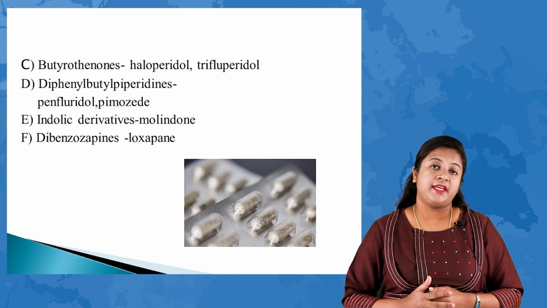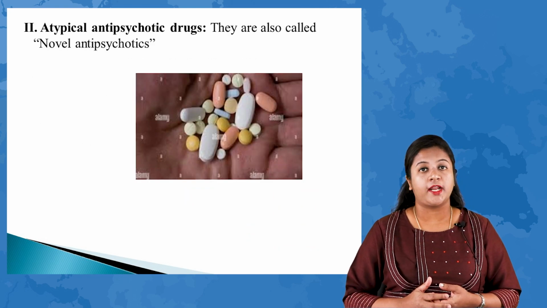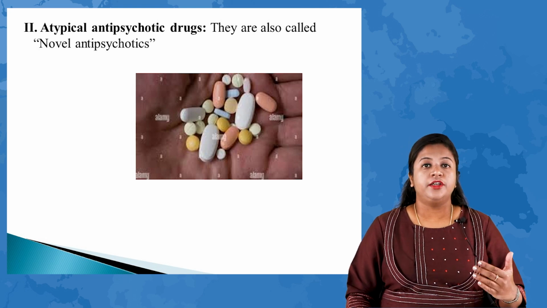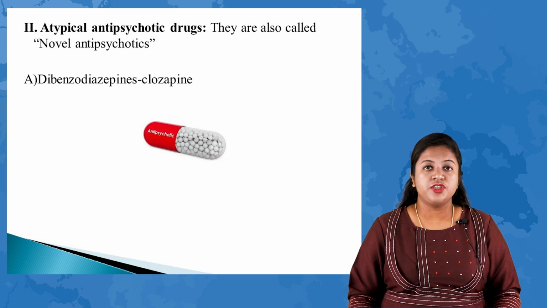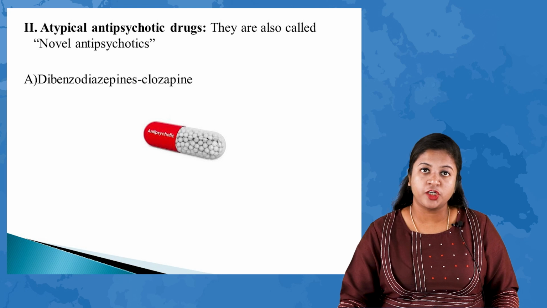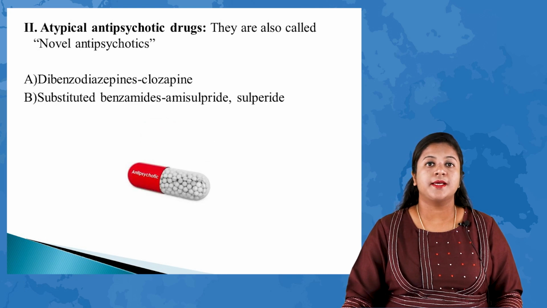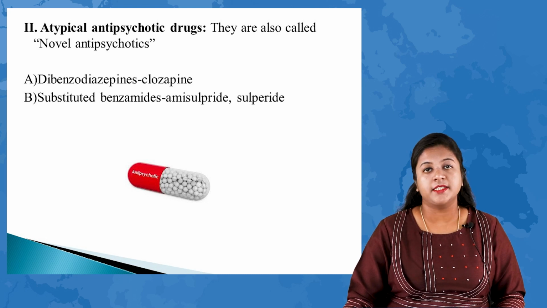Moving on to the second category of classification, the atypical, otherwise called novel antipsychotics. The first classification under this is the dibenzodiazepine, which includes the drug clozapine. The second one is substituted benzamides, examples amisulpride and sulpiride.